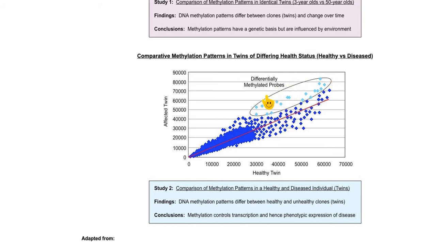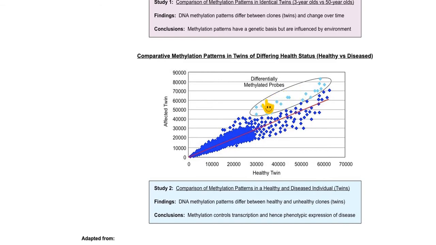So this is showing you that DNA methylation patterns differ between healthy and unhealthy clones. Notice that the affected twin has a greater range of methylated probes in comparison to the healthy twin. So then that means that methylation controls transcription and hence phenotypic expression of a disease.